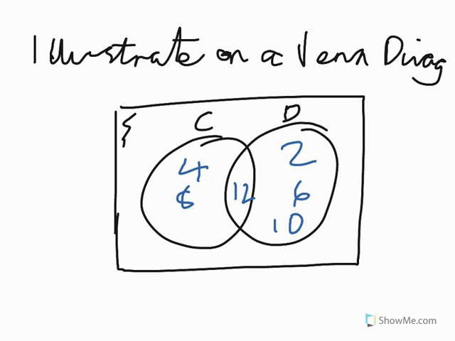So this is where we come and we look at our sets, and we can write down the following. Okay, so we need to find, first of all, C dash.